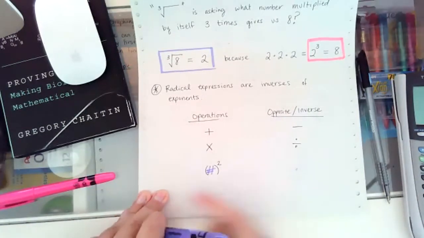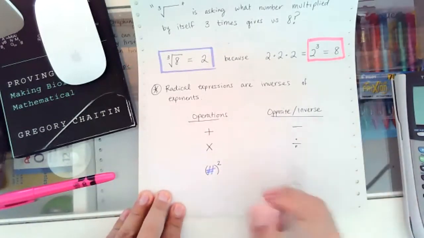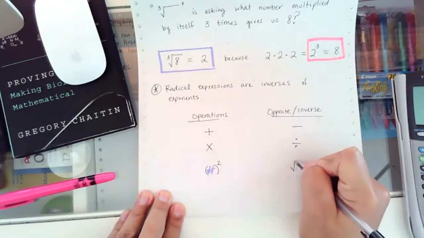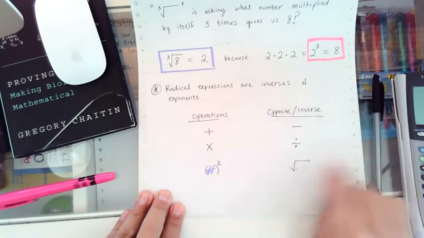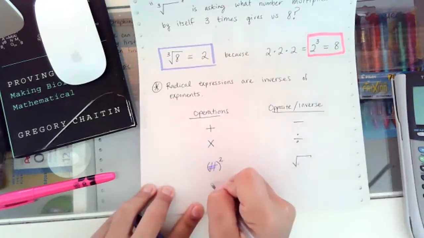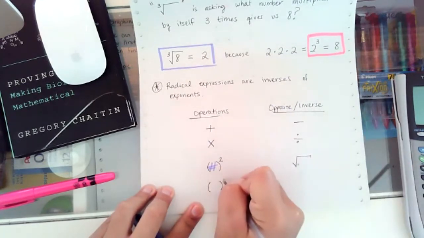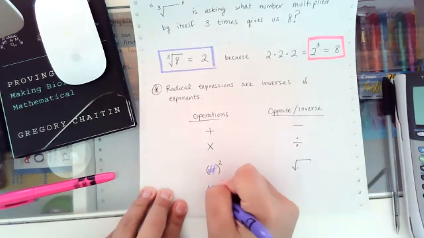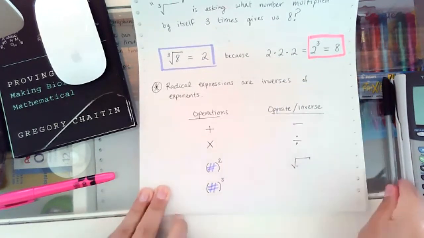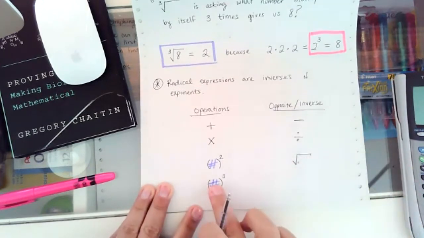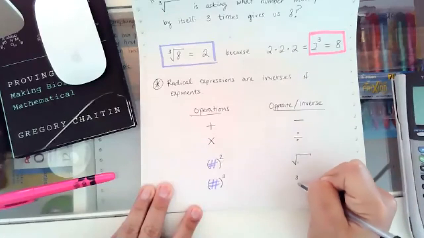Some number raised to the second power. The opposite of this operation would be the square root of some different number, right? Likewise, if I raise something to the third power, then the opposite operation that will undo this operation is the cube root.